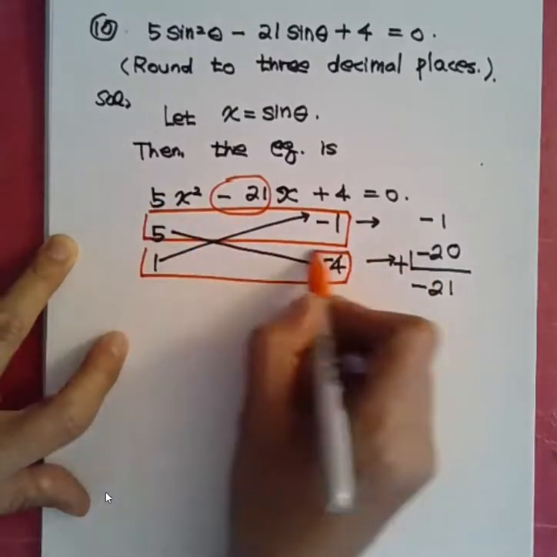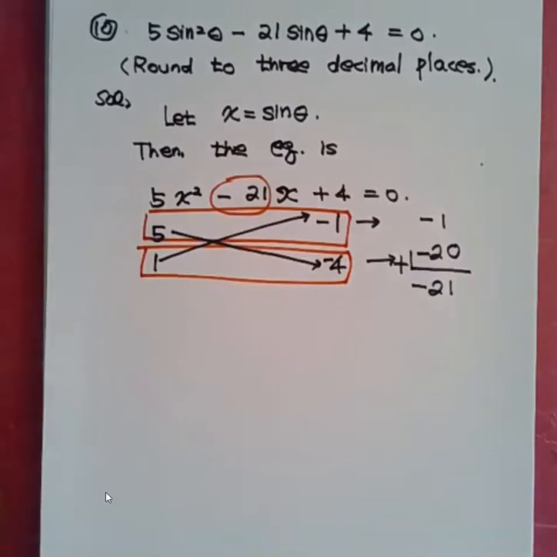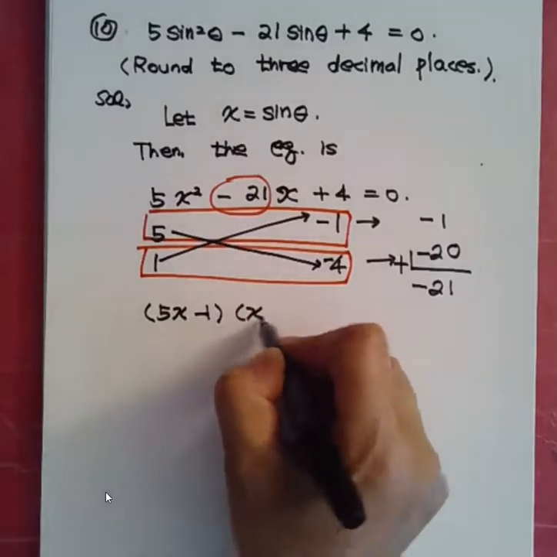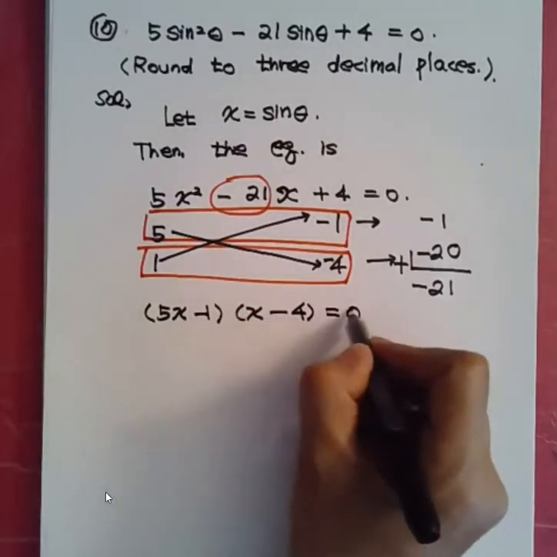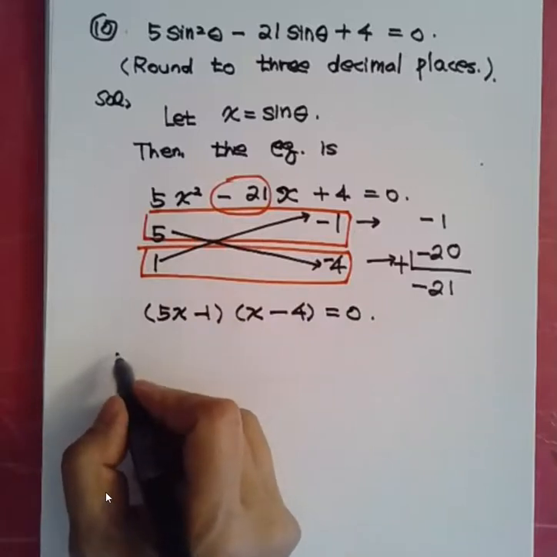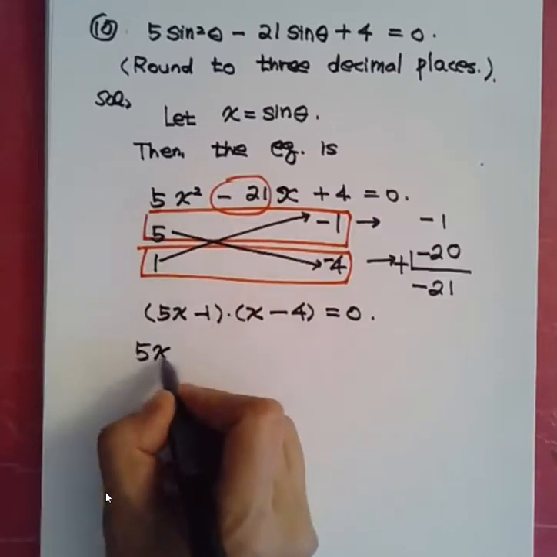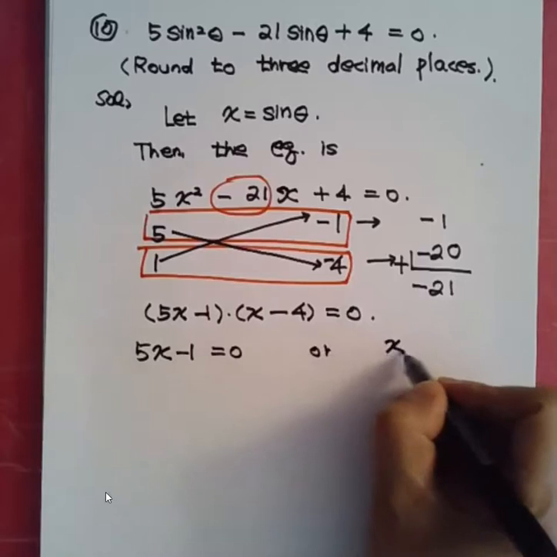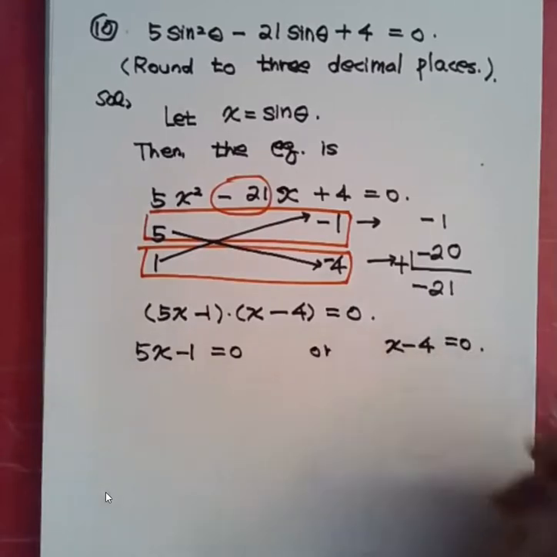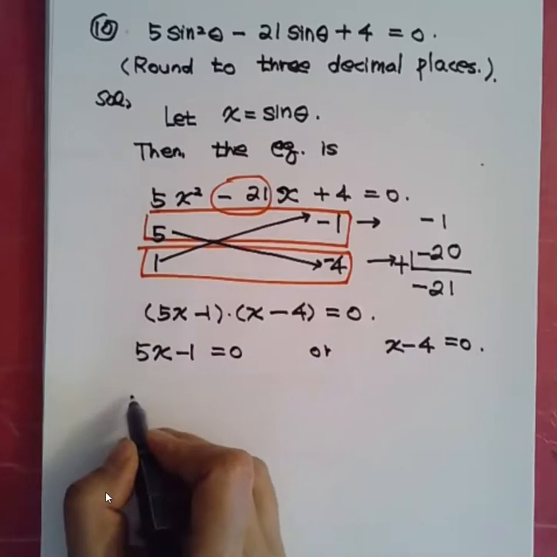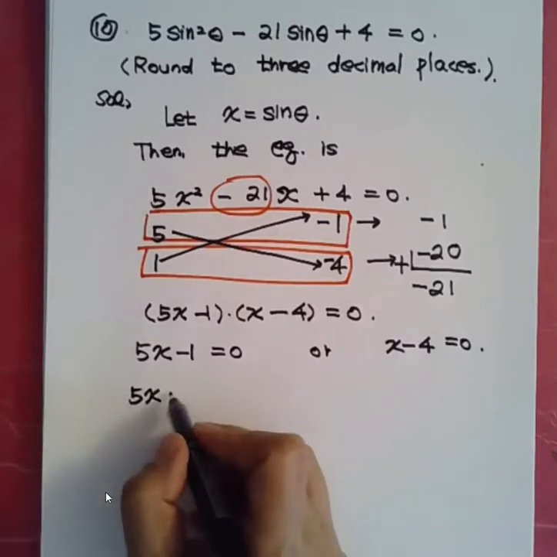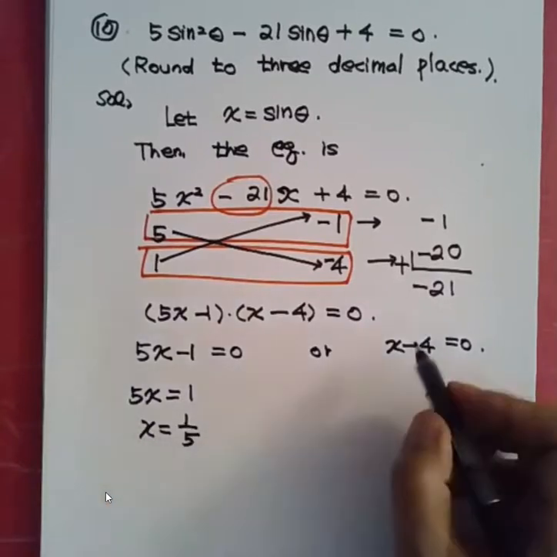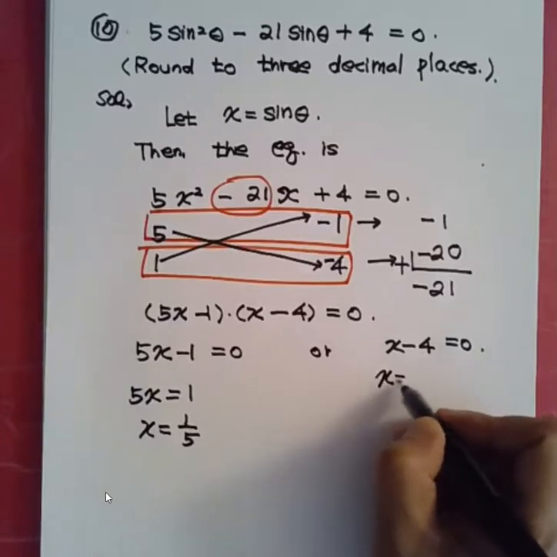After you do this, this one becomes 5x minus 1 times x minus 4 equals 0. So two numbers are multiplied, so we get 5x minus 1 equals 0, or x minus 4 equals 0. We have to solve for x, then we get 5x equals 1, so x equals 1/5. For this case, x equals 4.